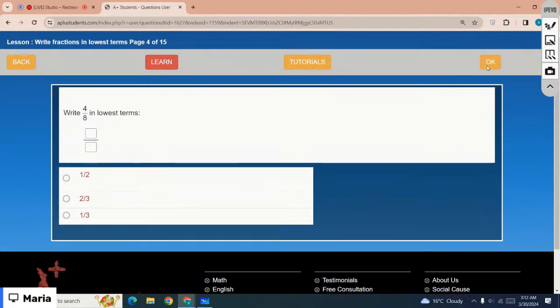Okay, the next one is write 4 by 8 in lowest term, which is the correct option?